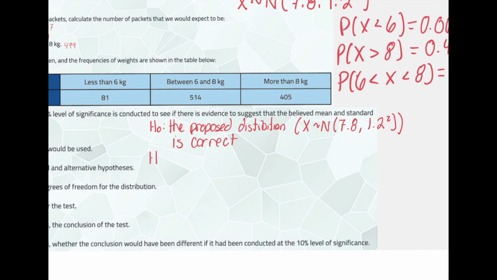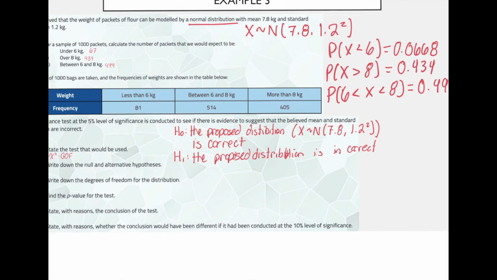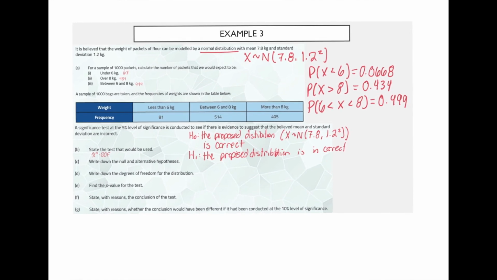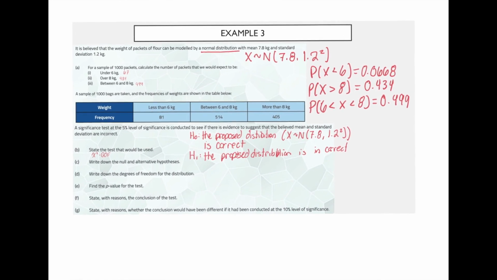And for our alternative, the proposed distribution is incorrect. So just the opposite. Okay, so that is for our null and alternative hypotheses.